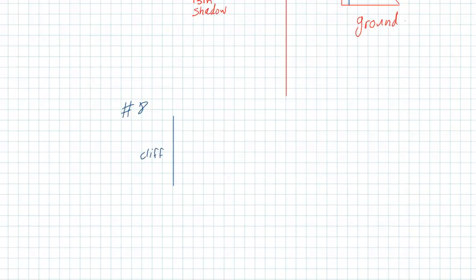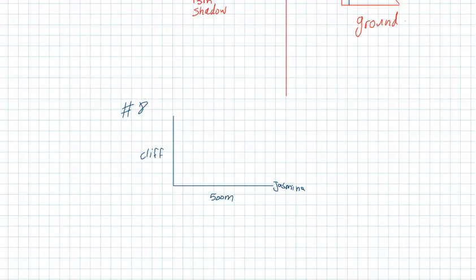So Jasmine would be standing right here, maybe? And the length of this is 500 meters, right?